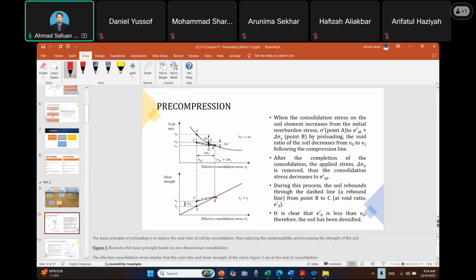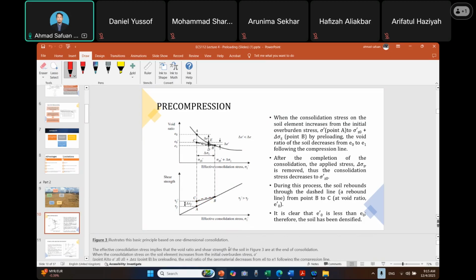Once the preloading is removed, the strength will not rebound to the original condition, but it may rebound at C, meaning that the shear strength has increased a little bit due to the preloading and removal of the preloading.